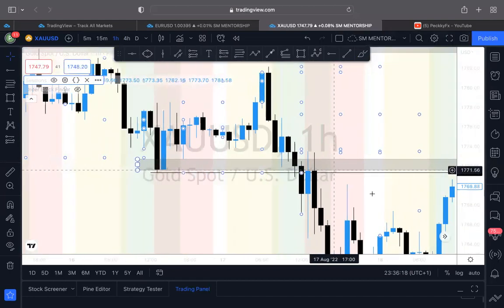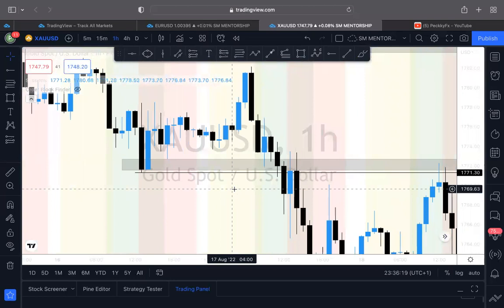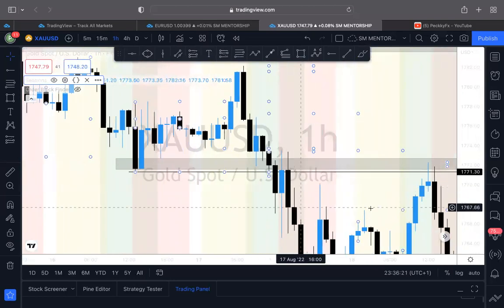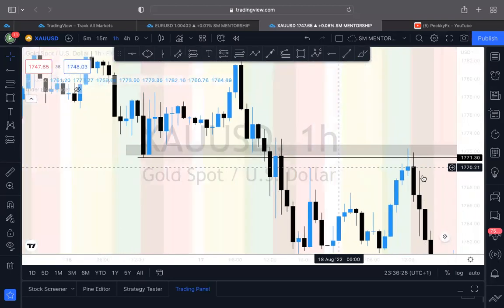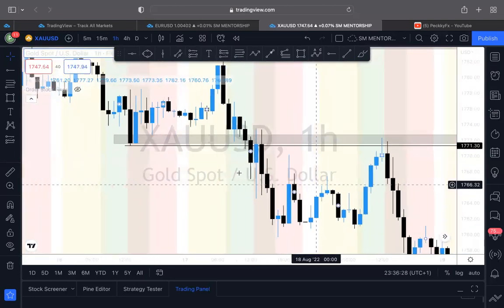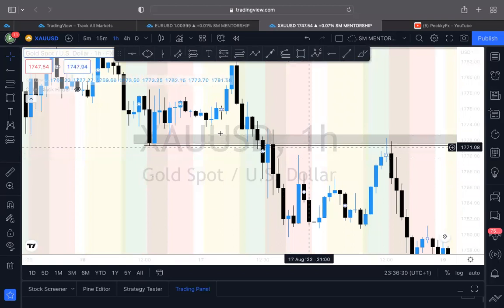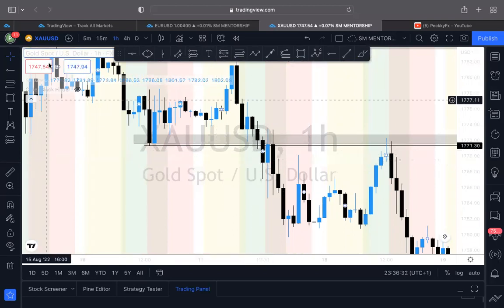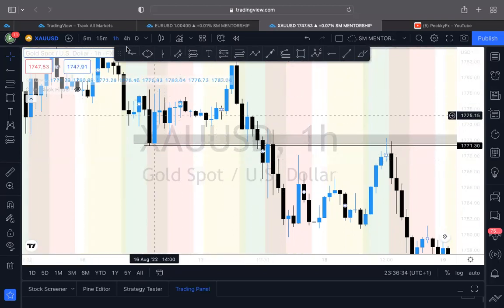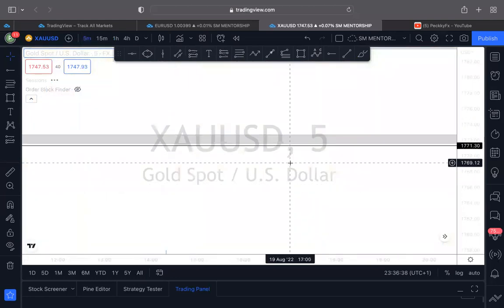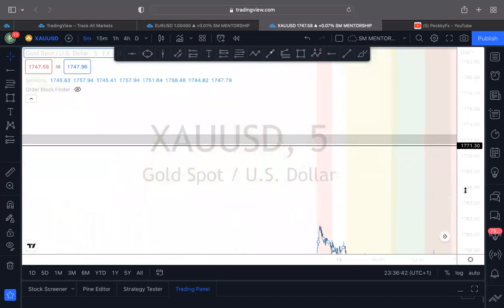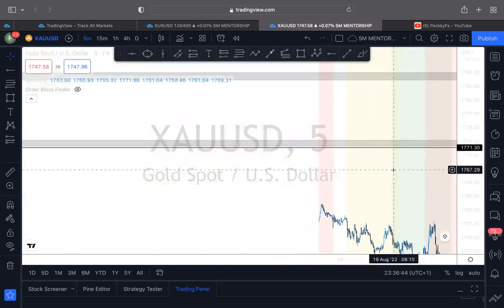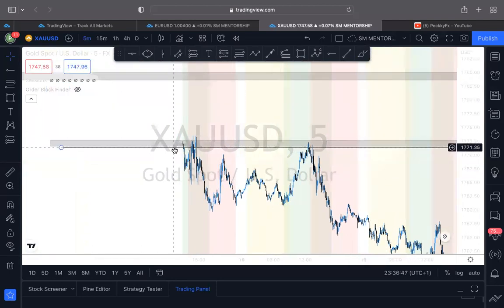Therefore, I am looking for the entry around the same time. All right, so overlap, got my entries around here. I think on the 5 minutes time frame for refining, and just put the stop loss slightly above the candle that closed below that structure.